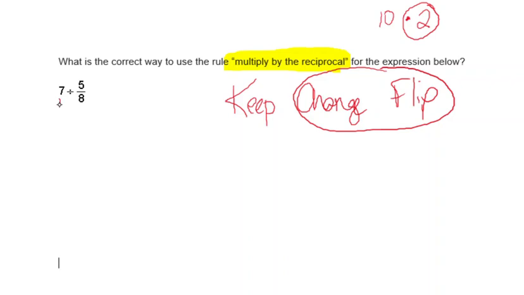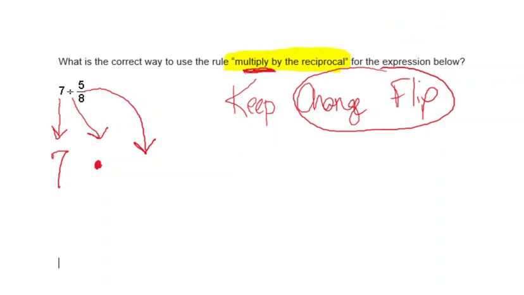So we're going to always keep the first number, change the division sign to multiplication, and then flip the second number, because what you're flipping is after the sign. So what you flip is the second value.